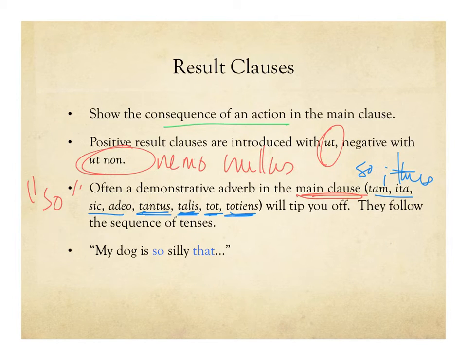Those are result clauses, right? So if you said something like, my dog is so silly that, we have this so that. Those are indicating that you have a result clause coming up. So it's really, really super clear usually.